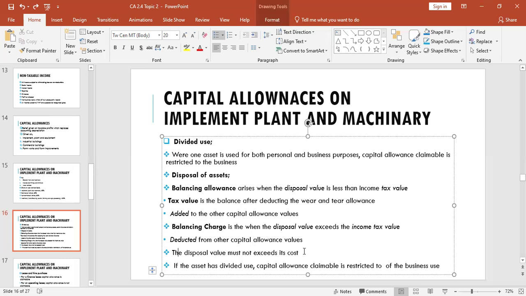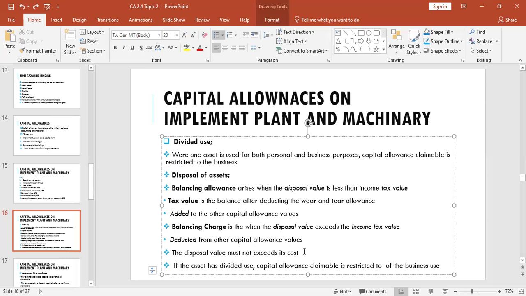All right. So for instance, we've got an asset that's valued at 1,000. Then we are selling it off. Maybe the income tax value is 500. So from 1,000, the income tax value is 500, but we're selling it off. We sell it off at 1,200 kwacha.